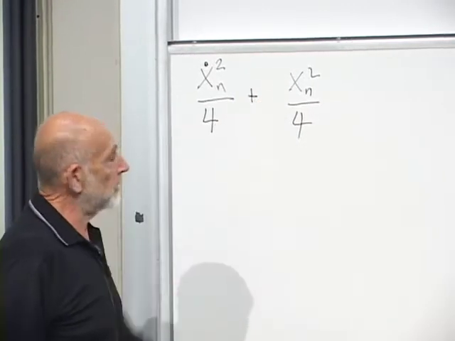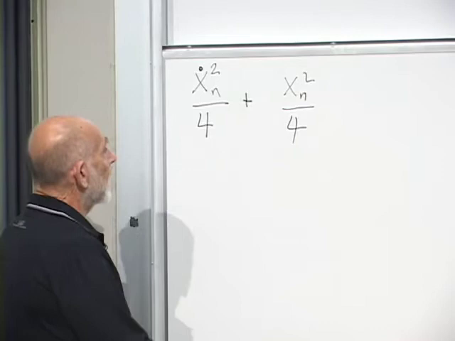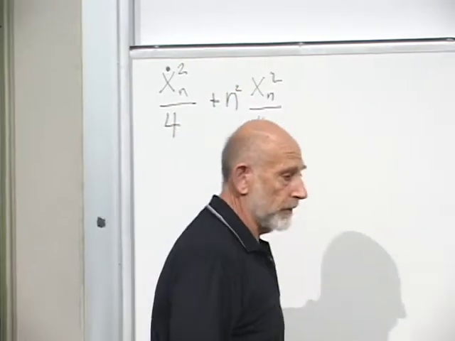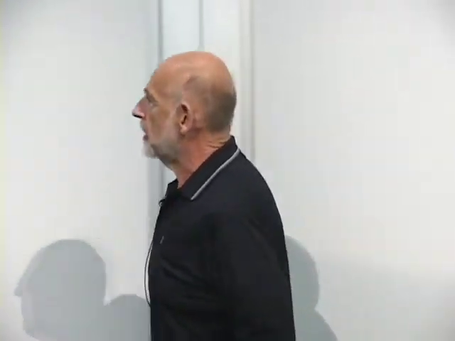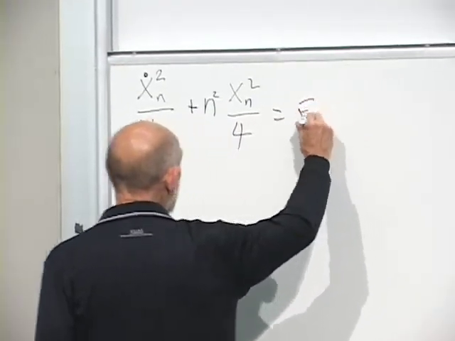And then, sitting in front, is the square of the frequency of the oscillator, and that was actually just n squared. That's what we got for the energy of the nth mode of oscillation. It's a harmonic oscillator, kinetic energy plus potential energy. That's the energy, call it E.